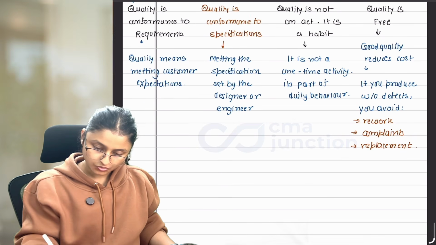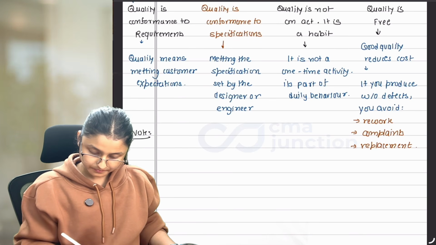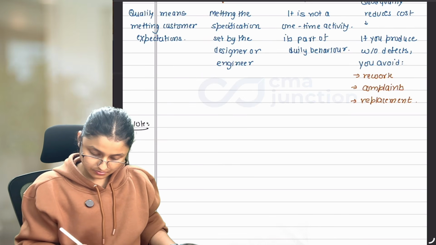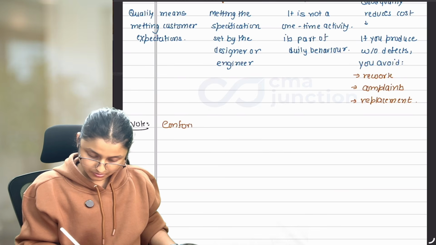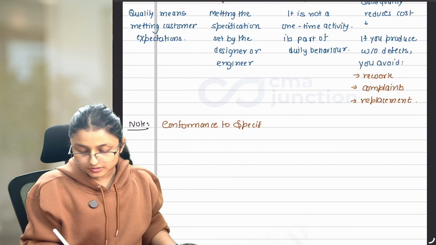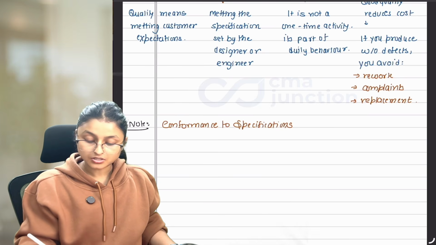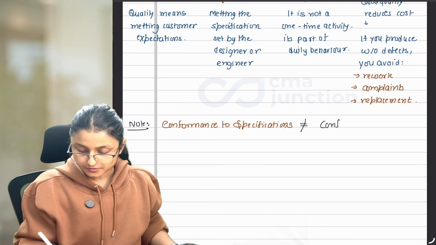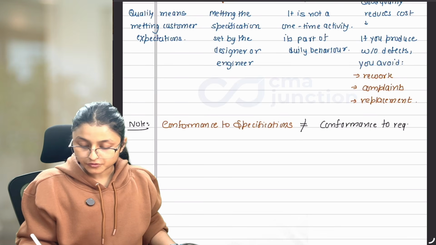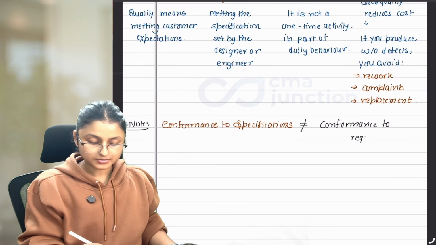Next, write a note here that conformance to specifications, that means fulfilling the standards set by the organization, is not equal to conformance to requirements. That means fulfilling standards set by the organization is not equal to fulfilling customer satisfaction, right?